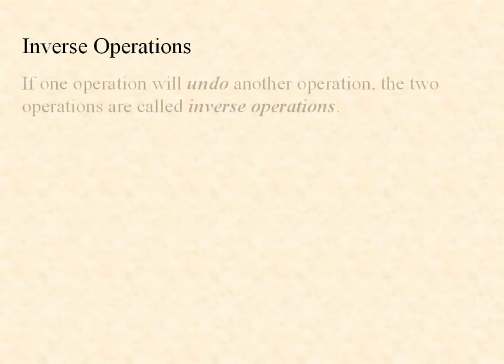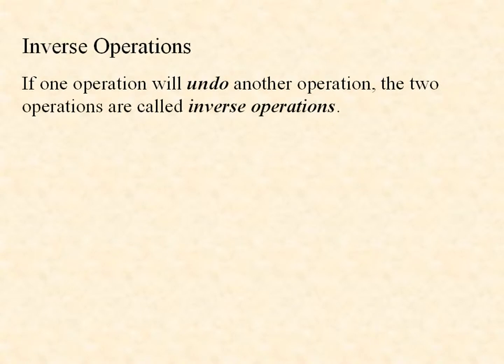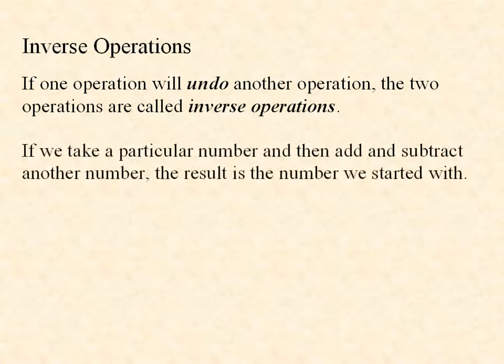Inverse operations. If one operation will undo another operation, the two operations are called inverse operations. If we take a particular number and then add and subtract another number, the result is the number we started with.